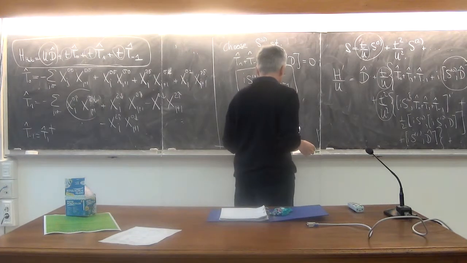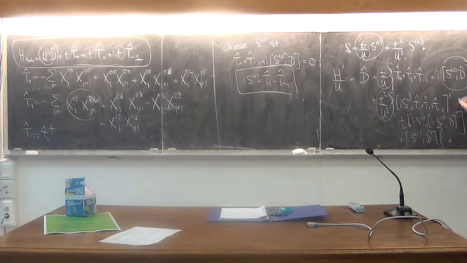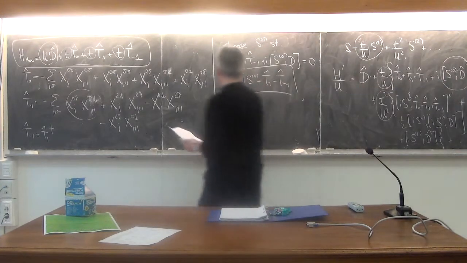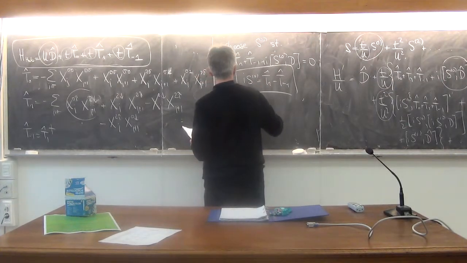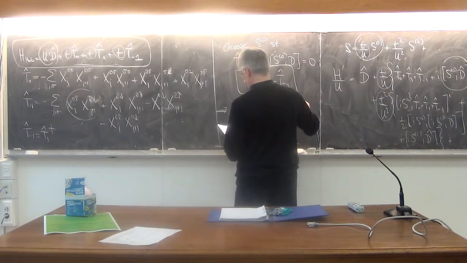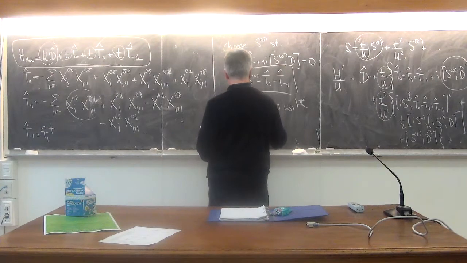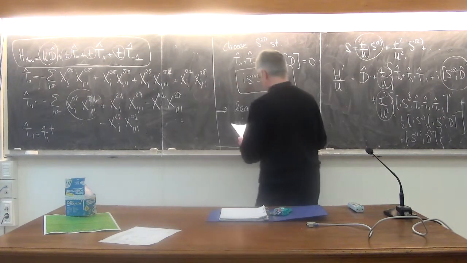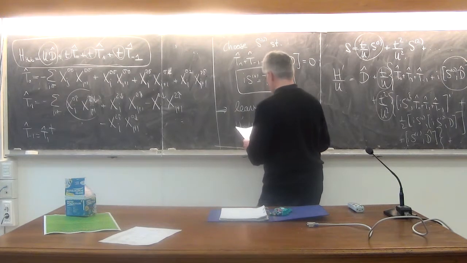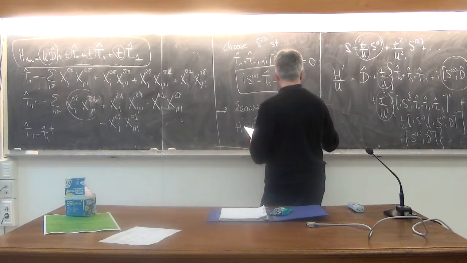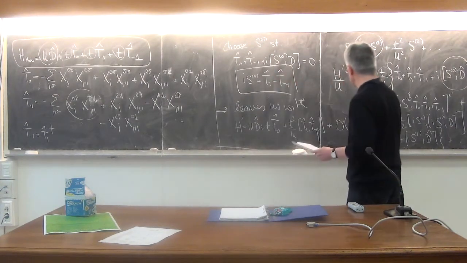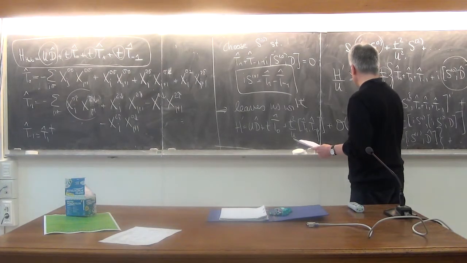Okay, and so then this leaves us with some terms to order T squared over U squared here. And those we still have to work out. So this leaves us with H prime plus U D hat plus T naught hat plus T squared over U, after the dust settles, T hat 1, T hat minus 1, plus order T cubed over U squared.